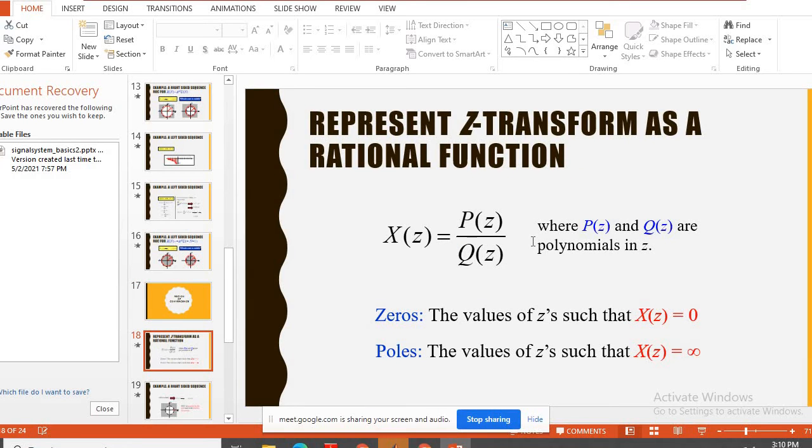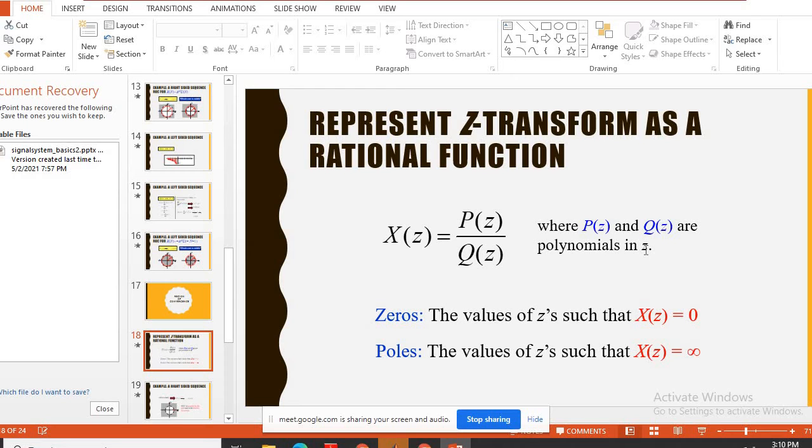One slide, it is related to representation for rational function. So here I will write x of z is equal to, in general it is expressed with the help of terms which are in terms of z. So it may have a numerator and denominator. Why I'm telling this part, because in practical also we want to draw the polar plot of the same. That means it is an experiment we are taking where we are going to draw the poles and zeros from the given expression.